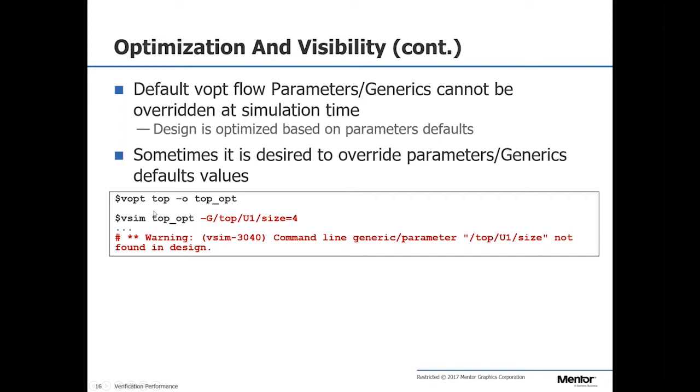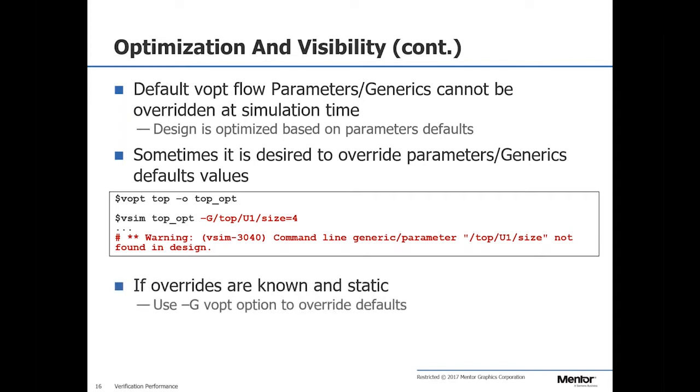There's a generic called size, and so if I vopt my top level and I output this top opt, then what I want to do is say vsim on top opt, and then I pass this thing to set this parameter to size 4, and I get this warning saying there's no parameter called size on this module.